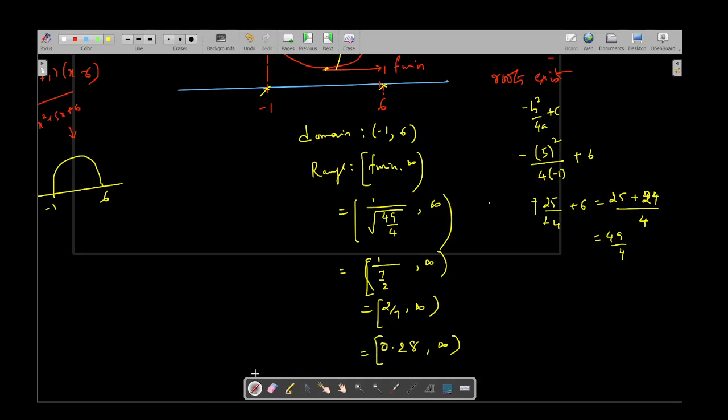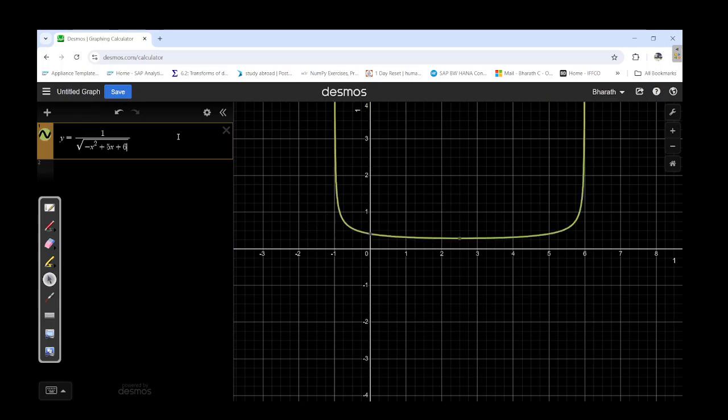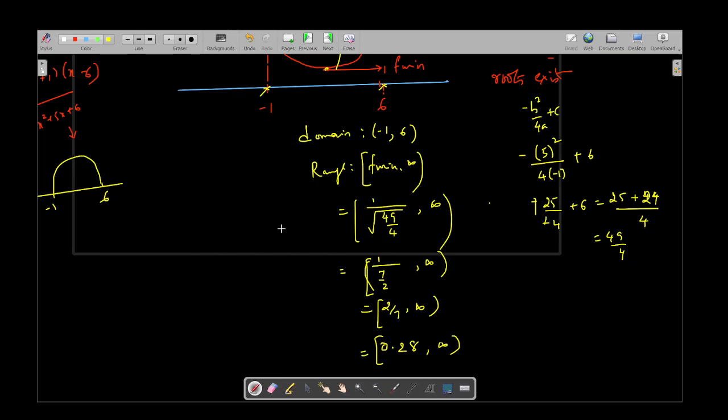Let us check on the graph plot. The function is 1 by square root of -x² + 5x + 6. So this point is 0.28. That's what we got as well.